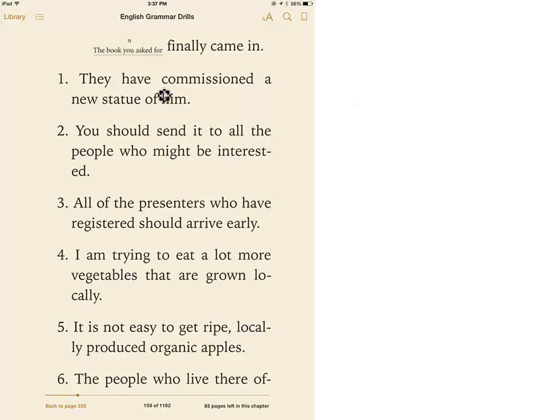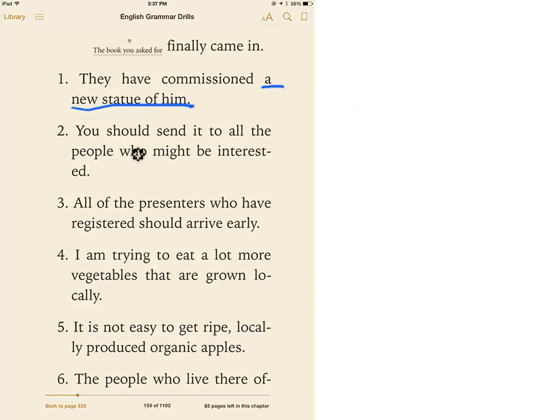Next: they have commissioned a statue of him. This one's a little tricky because it's in the object, isn't it? You have "they" as a pronoun, and then you have the verb, but then a new statue of him.